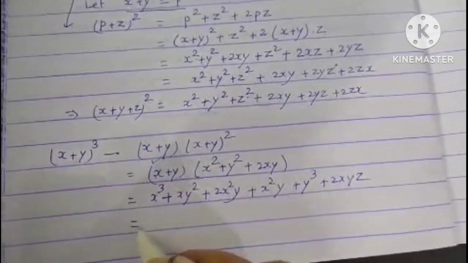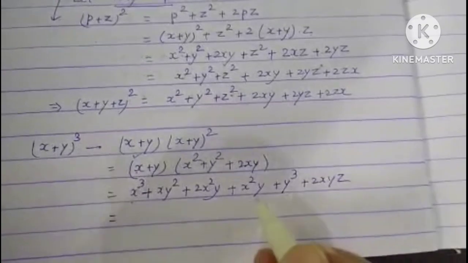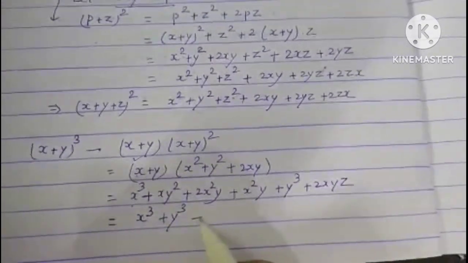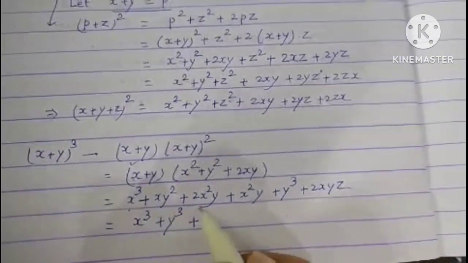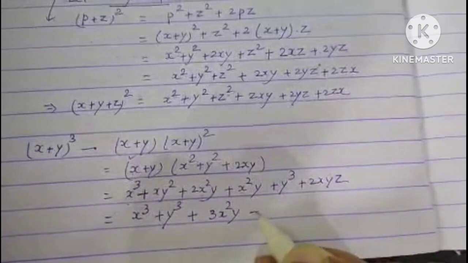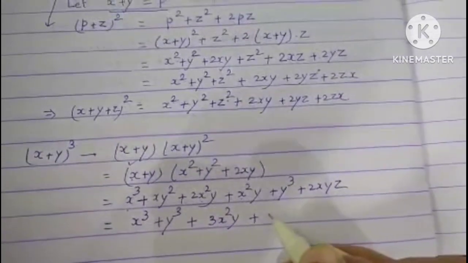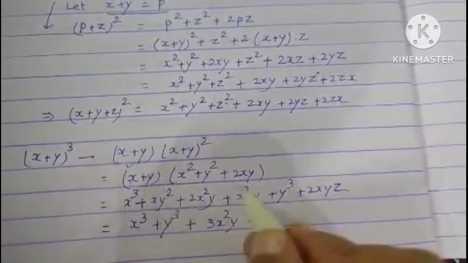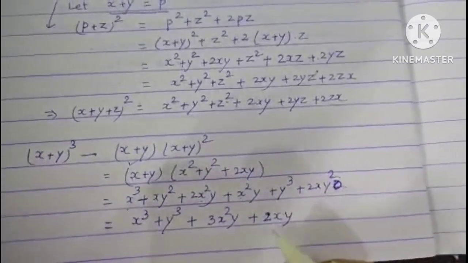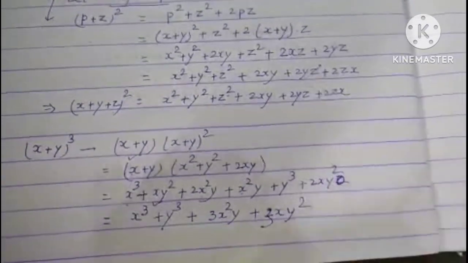Now this will become x cube plus y cube, plus 2x square y and x square y means 3x square y, plus 2xy square and xy square plus xy square, this one 3xy square.